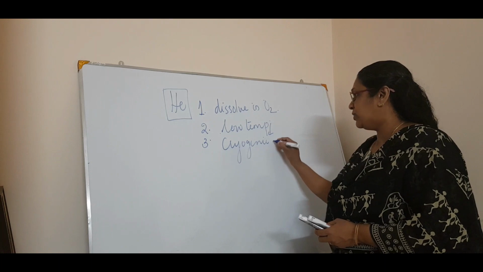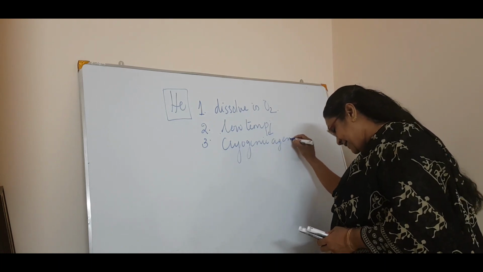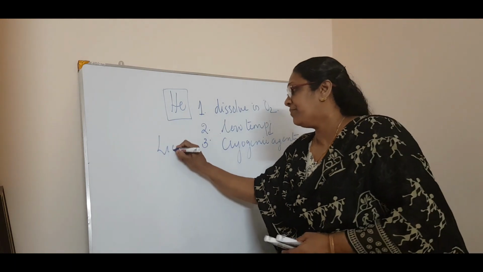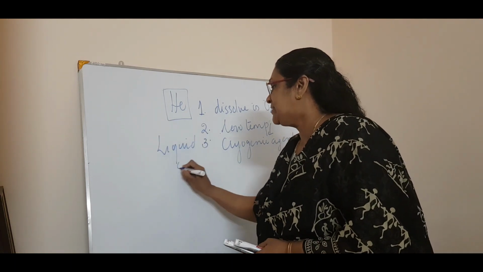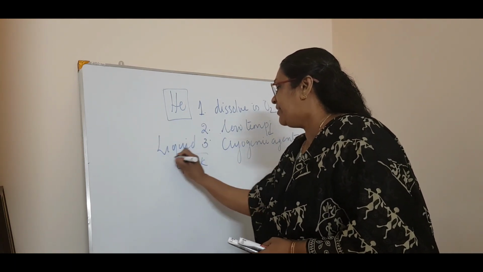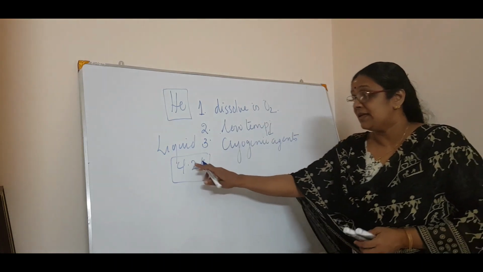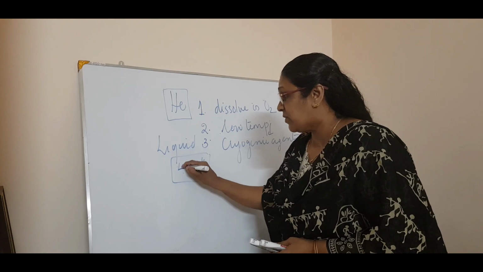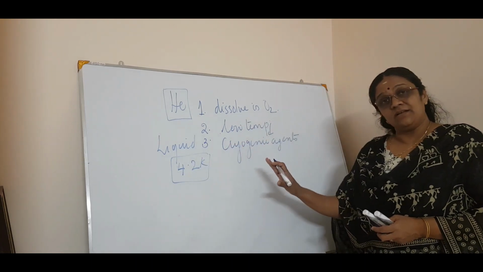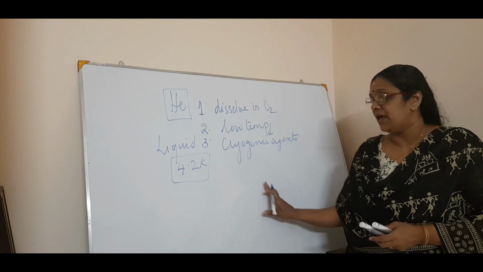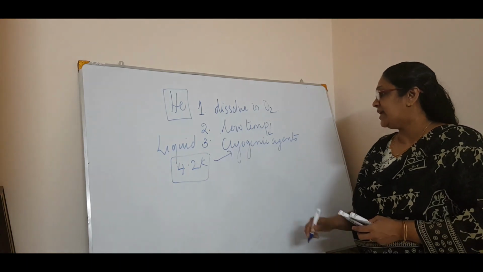That is why they are called low temperature cryogenic agents, for carrying out the various experiments. That is liquid helium. Normally liquid helium has a boiling point of 4.2 Kelvin. See how much? Very low. I think helium has the lowest boiling point of all the elements. Okay, so that is why it is used in cryogenic agents.